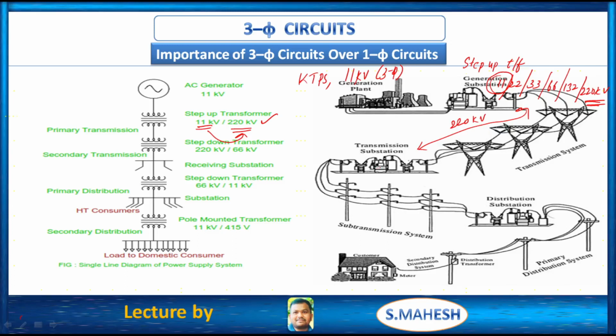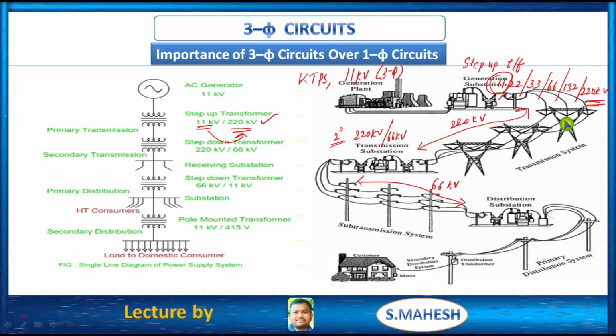This is the secondary transmission substation. At this substation we are stepping down the 220 kV to, for example, 66 kV. Then from this substation to primary distribution we have 66 kV.